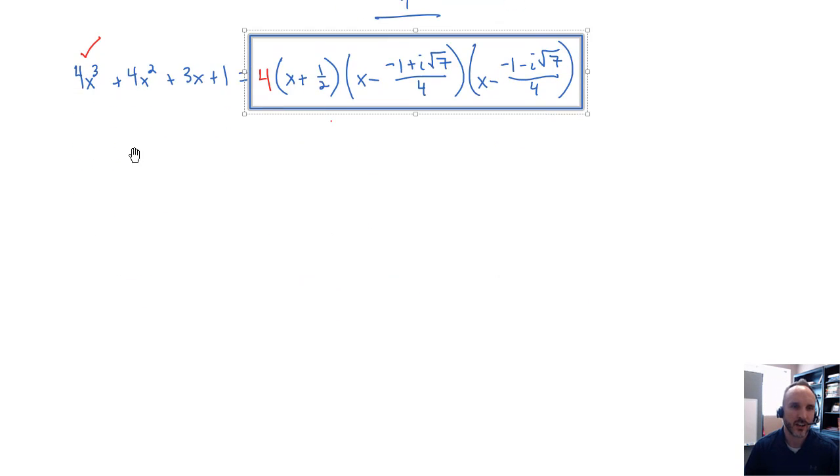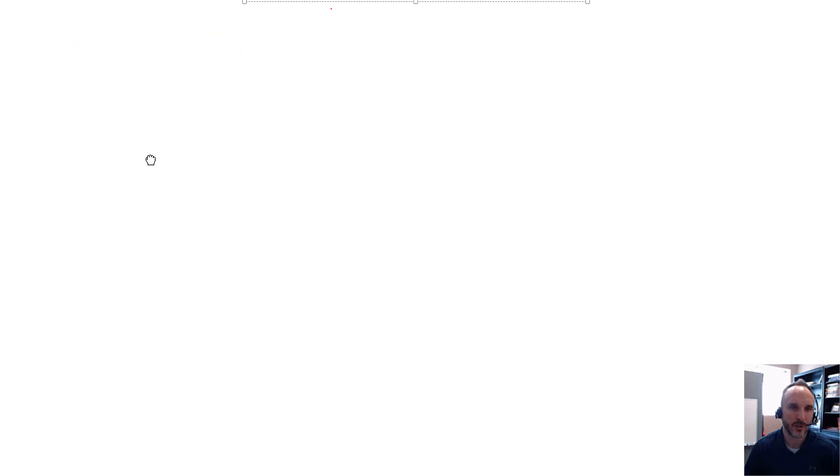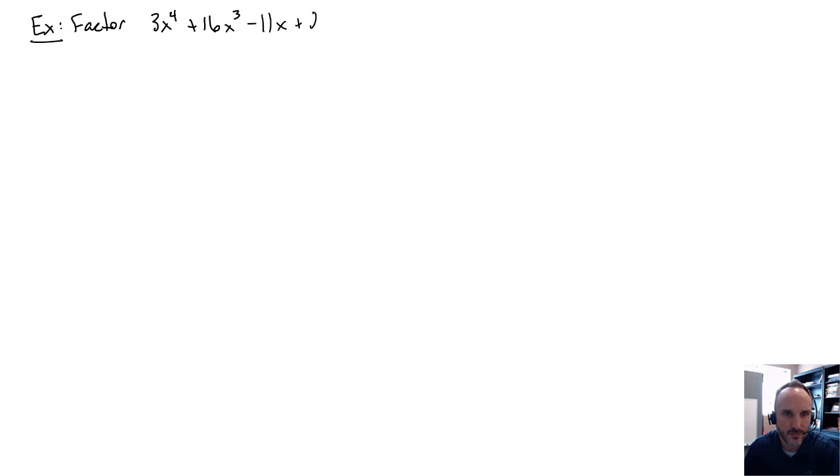Let's try another one, but let's do a degree 4 polynomial instead. So let's factor 3x to the 4th plus 16x to the 3rd minus 11x plus 2.